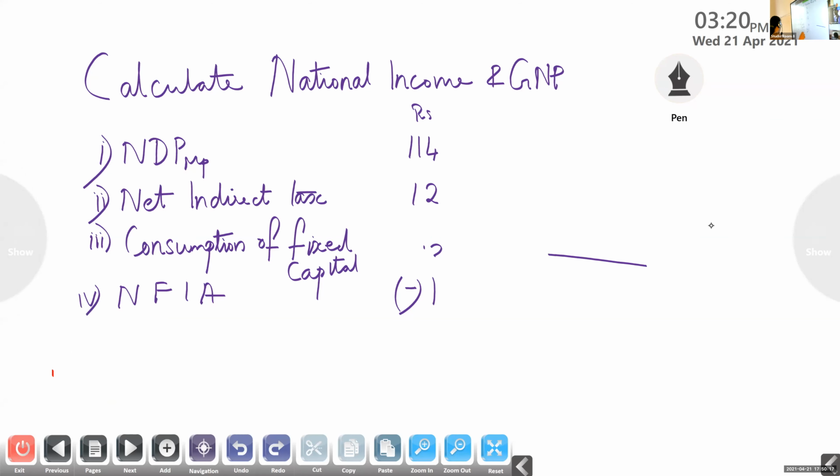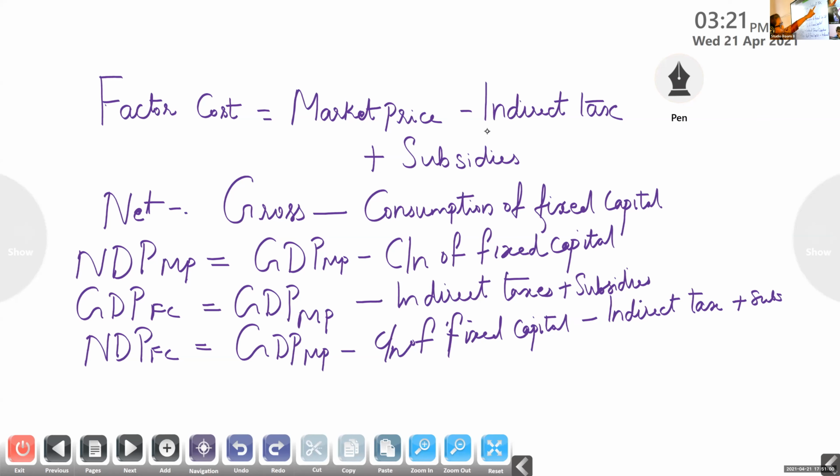Factor cost: whenever they ask factor cost, like GDP FC, NDP FC, you have to find it this way. Market price, whatever the GDP comes, from that minus indirect tax plus subsidy. So if FC is asked, like NDPFC, GDPFC, indirect tax should be reduced and subsidies should be added. Okay, you can write it down in your notebook.